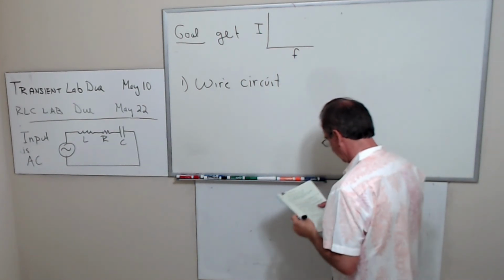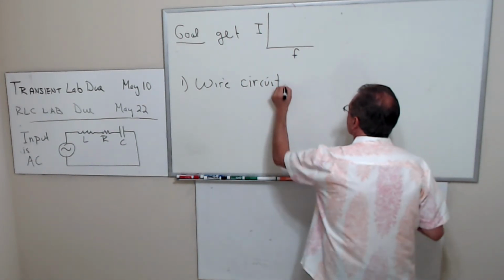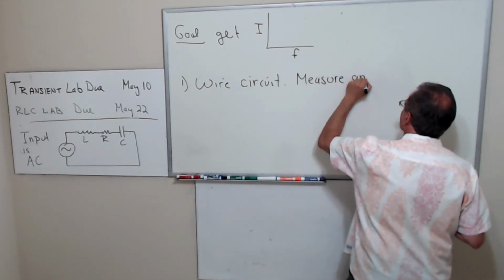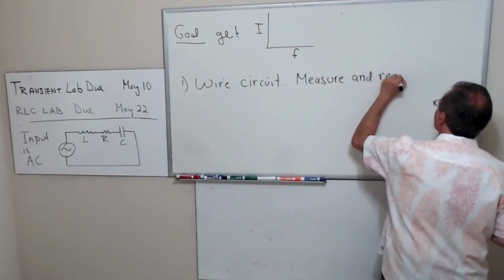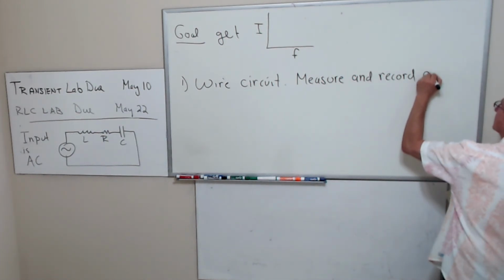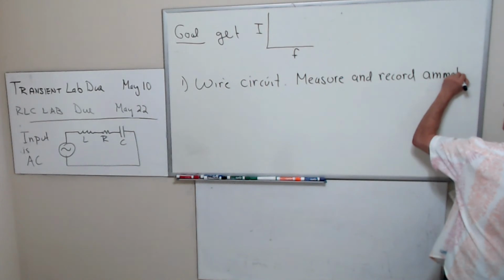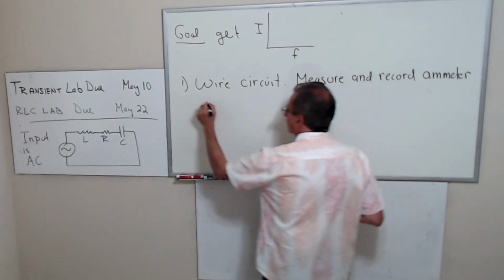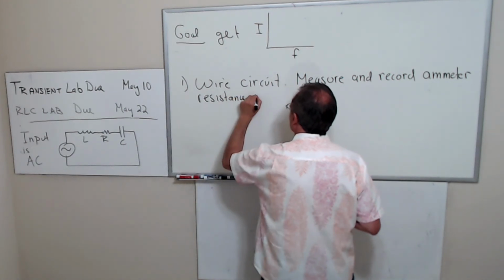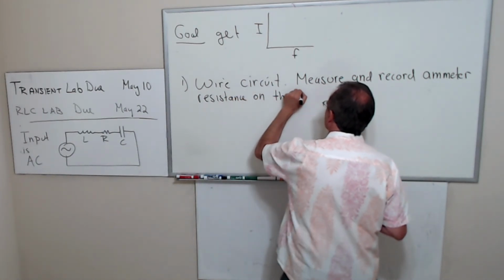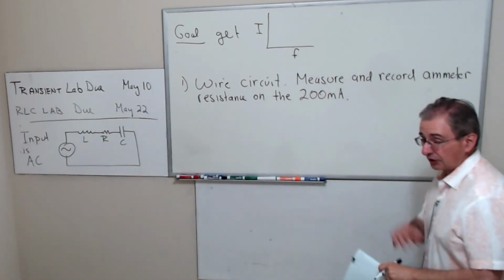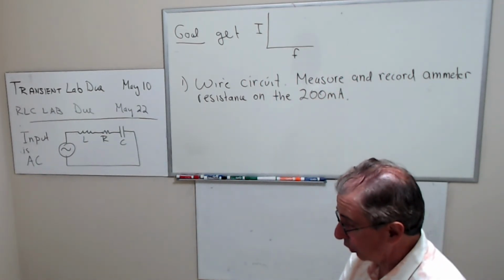Then measure and record the ammeter resistance on the 200 milliamp scale. You have to use a 200 milliamp scale for this lab. The whole time, cannot change.